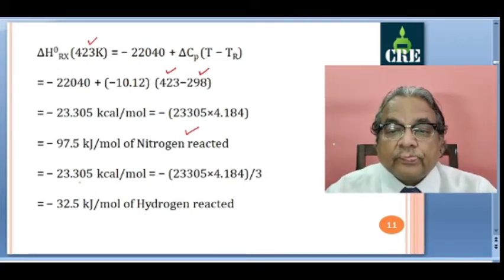Okay. So you can see these values we have found out in the desired units.